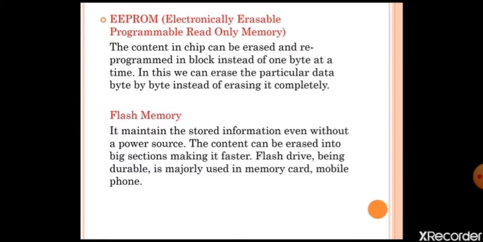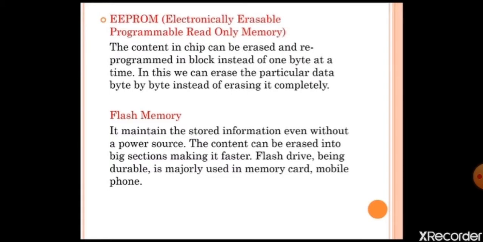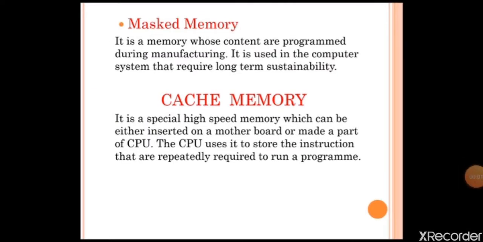It maintains the stored information even without a power source. The content can be erased in big sections, making it faster. Flash drives are durable. Last is mask memory. It's a memory whose contents are programmed during manufacturing. It is used in computer systems that require long-term sustainability.